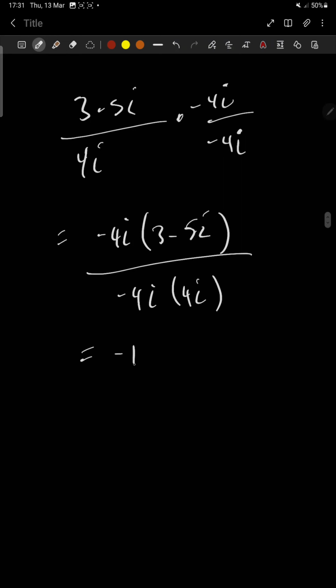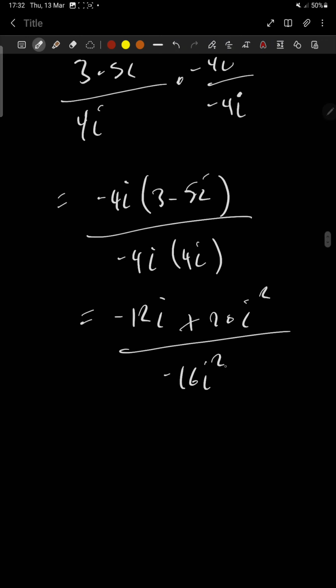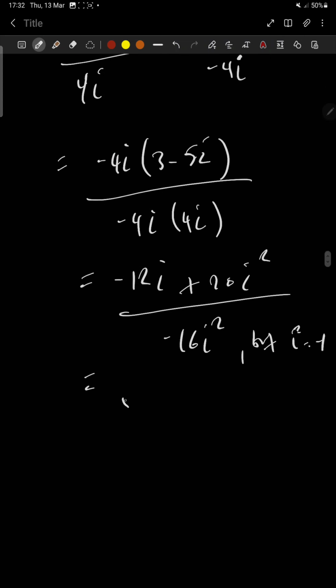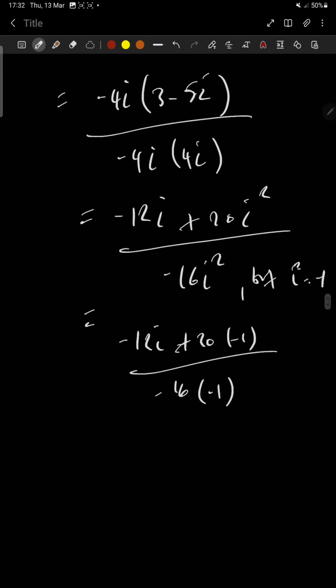So this will be negative 12i plus 20i squared over negative 16i squared. But what is i squared? i squared is equal to negative 1. So this will be negative 12i plus 20 times negative 1 over negative 16 times negative 1.